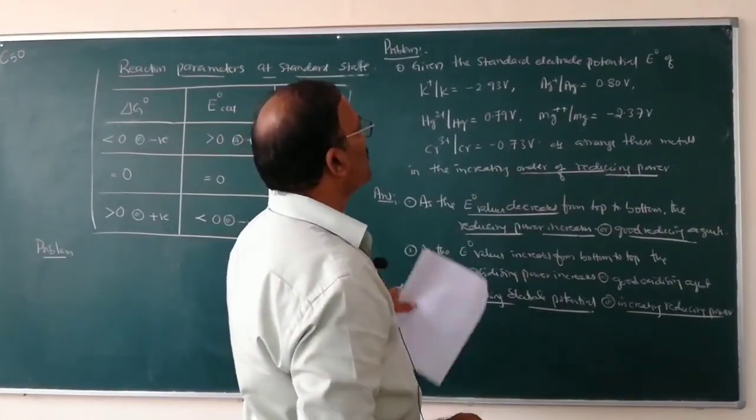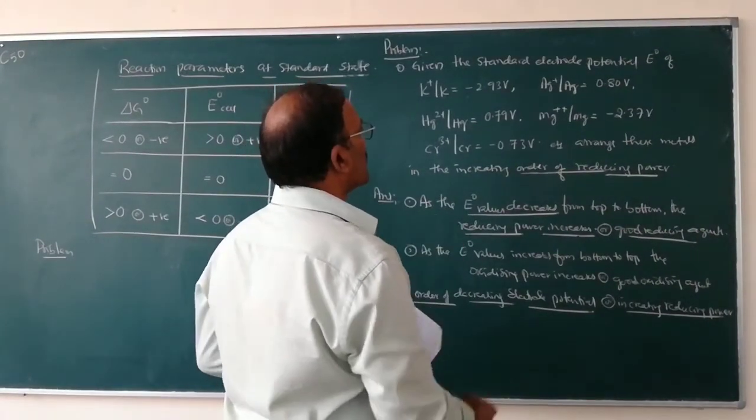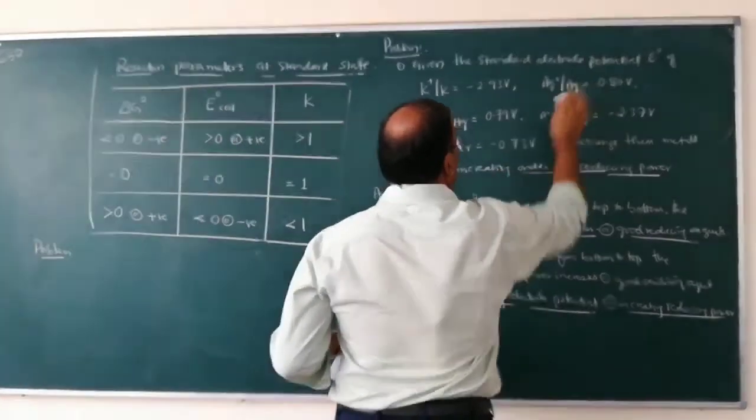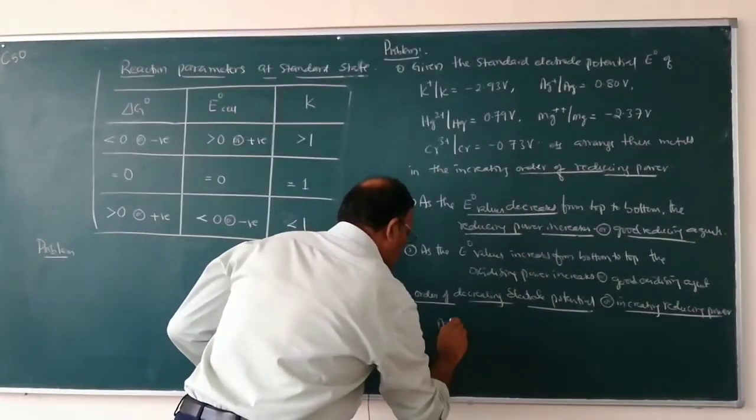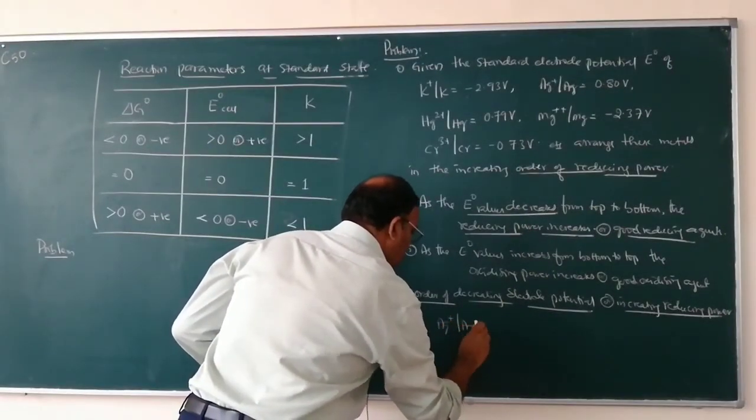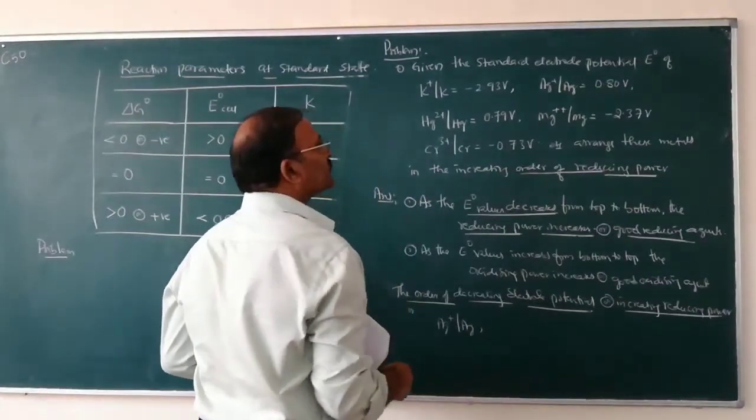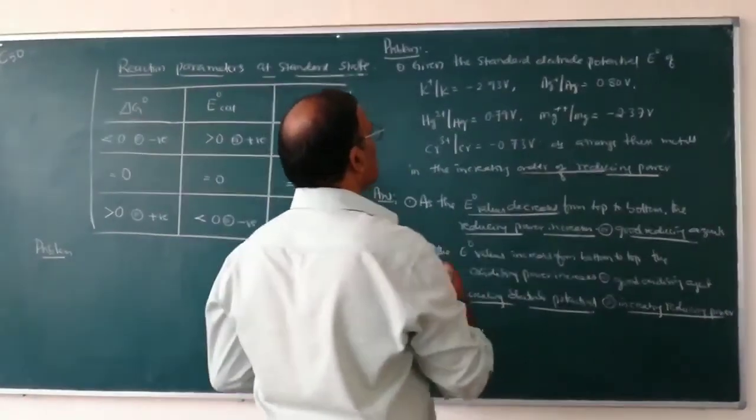So which electrode has highest electrode potential? Ag plus bar Ag, this one is highest.